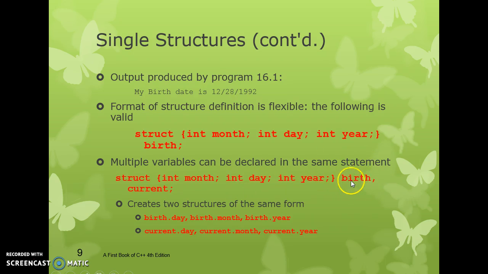The first one is the birth structure, and the second one is the current structure, which have the same members. The first member for both structures is integer month, the second member is integer day, and the third is integer year. Therefore, in creating structures of the same form, you have birth day, birth month, birth year, and you can use it for the current day, current month, and current year.